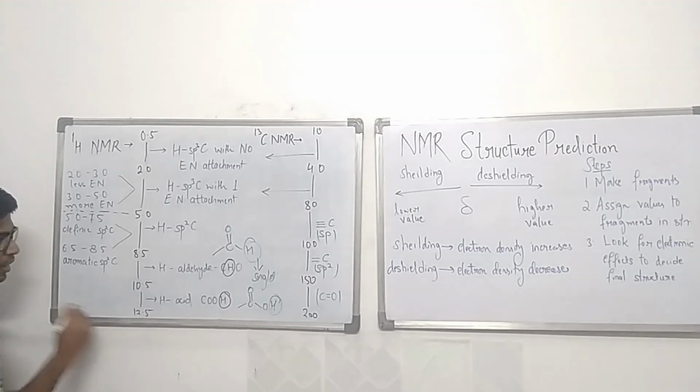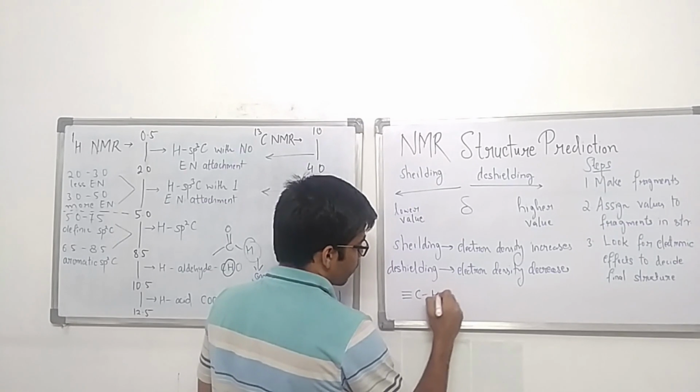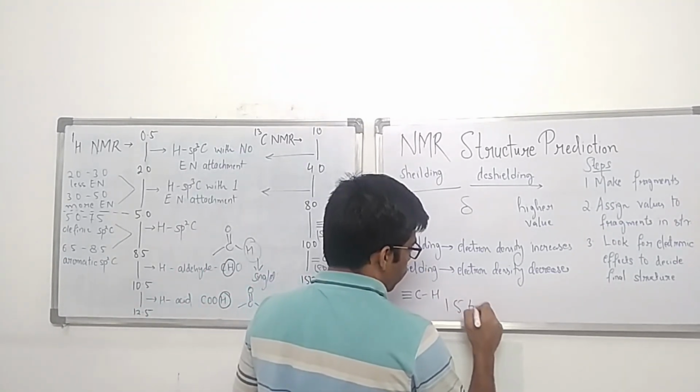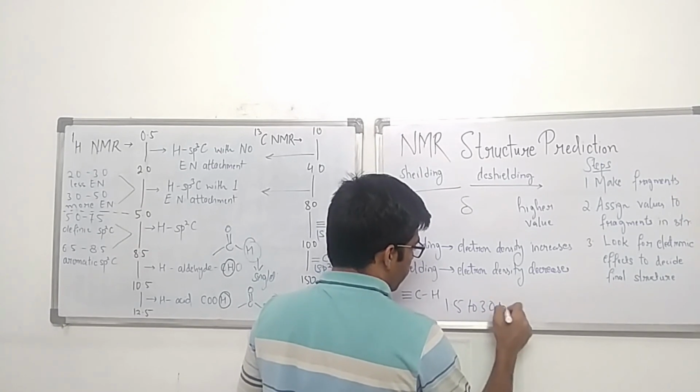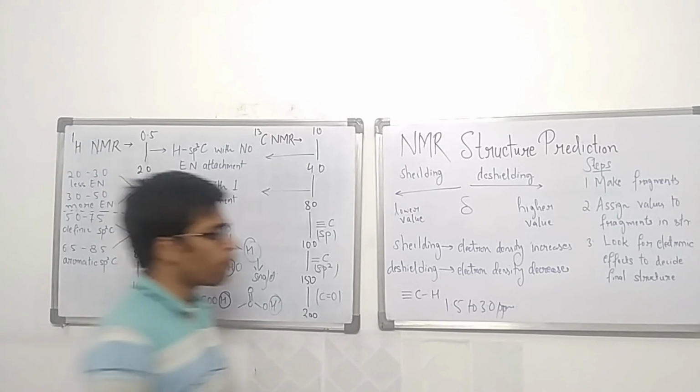One mention has to be made here: the acetylenic proton comes in the range of 1.5 to 3.0 ppm for other reasons, not because of the electronegative effect.